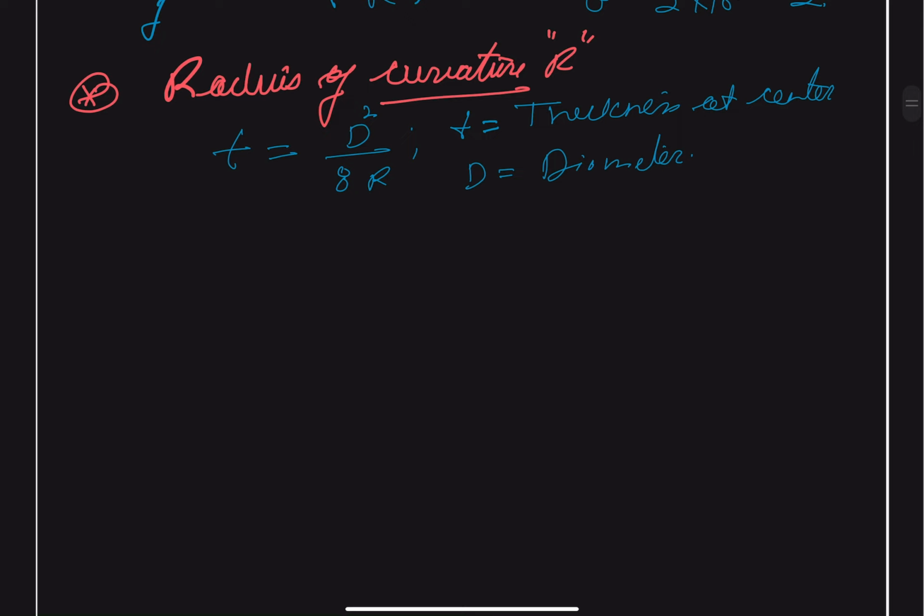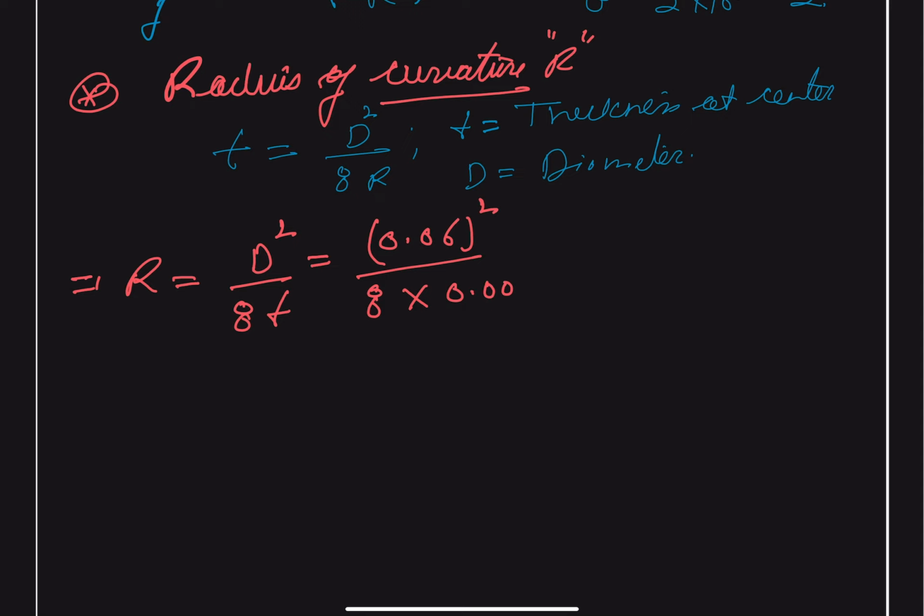Therefore r will be equal to d square divided by 8t. d is given as 6 centimeter, so we write 0.06 whole square, and 8 multiplied by t, which is 3 millimeter, that is 0.003 meters. So the radius of curvature comes as 0.15 meters.